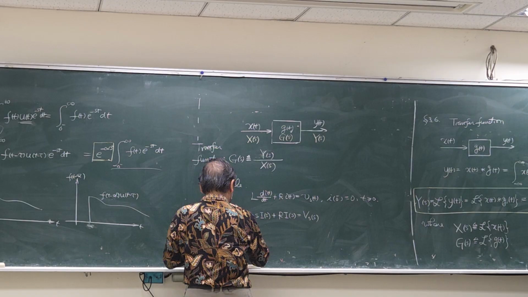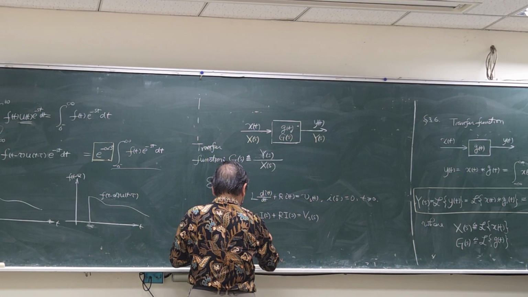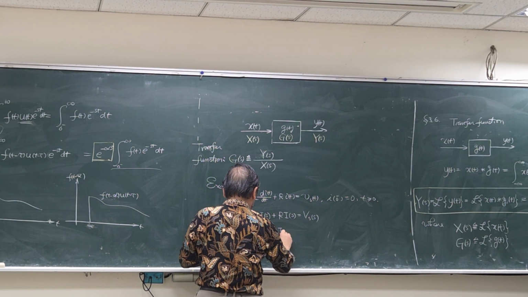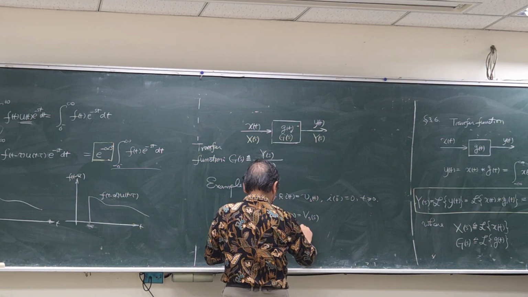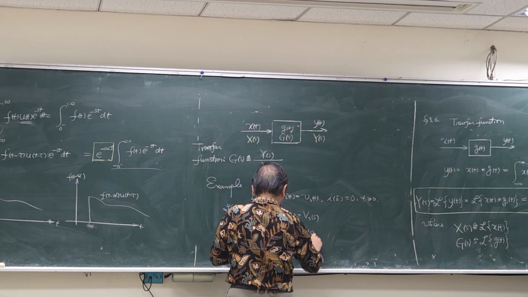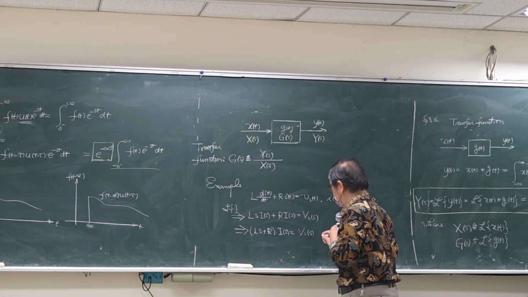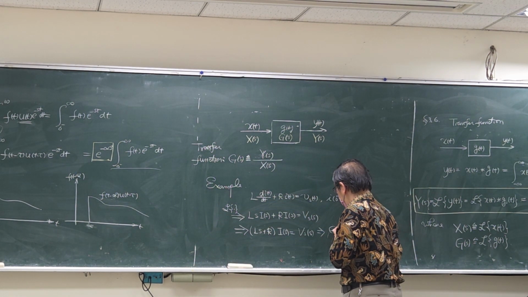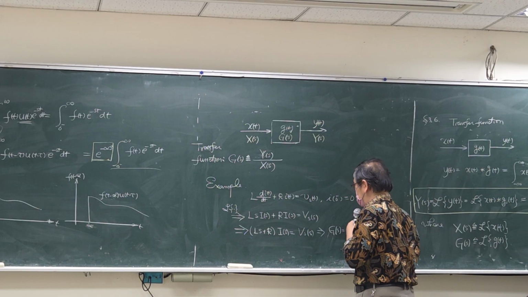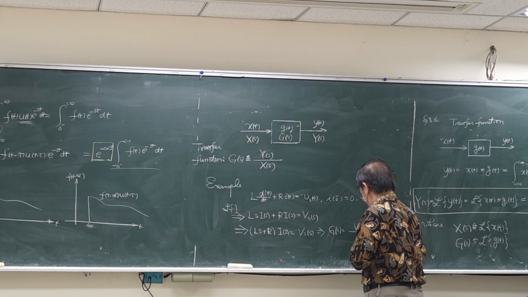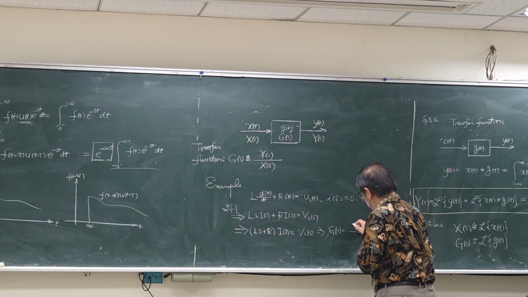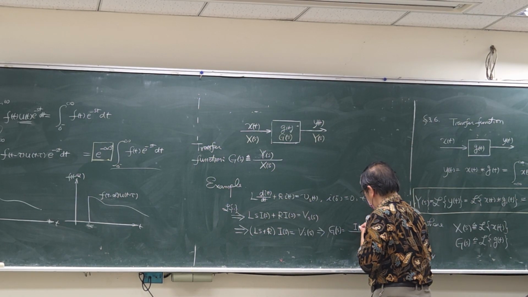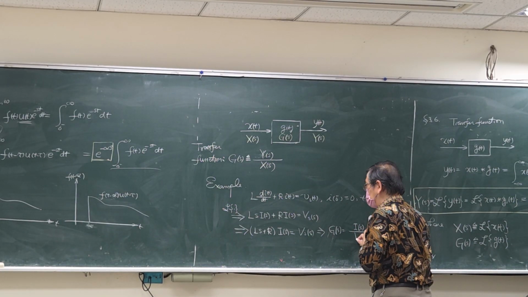So if I factor out I(s), the Laplace transform of the current, then we can determine the transfer function. The transfer function G(s) is equal to the output, in this case let's assume the output is the current, divided by the input.